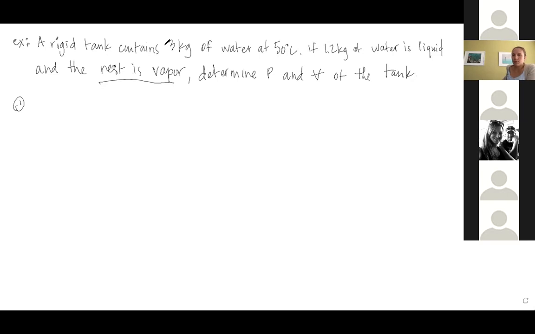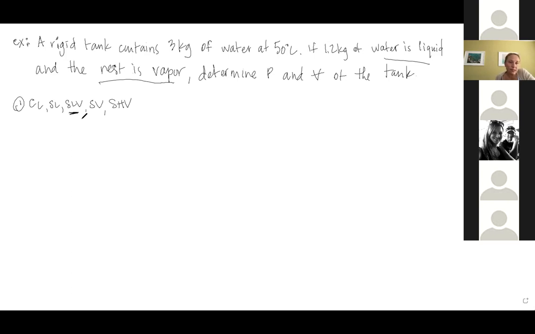We'll look at a few examples of that a little later, probably not this class. It's all hard terminology and determining the classification, so no worries at all. The first step we always do is decide if it's a compressed liquid, a saturated liquid vapor, a saturated vapor, or a superheated vapor. For this problem, we know that some is liquid and some is vapor, so it's a saturated liquid vapor.